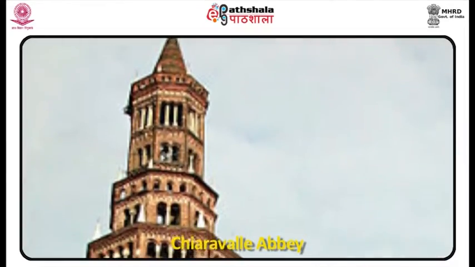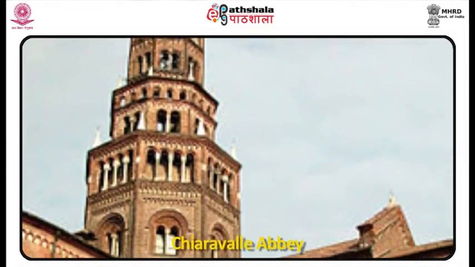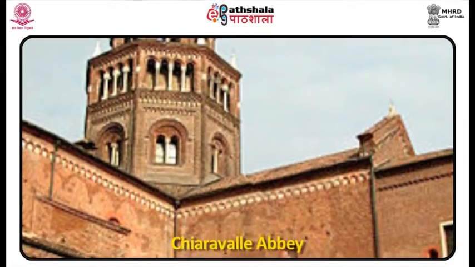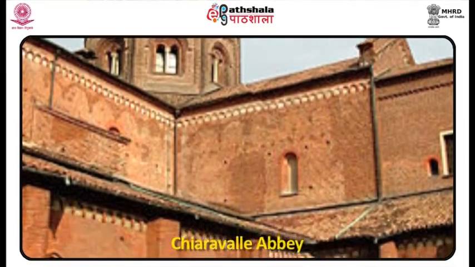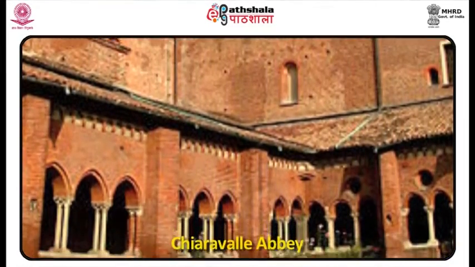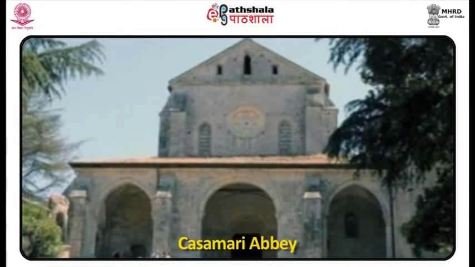In the latter was sometimes present the bichrome wall decoration from the local Romanesque tradition. The most important edifices include the Chiaravalle Abbey in northern Italy and Casamari Abbey in central Italy.